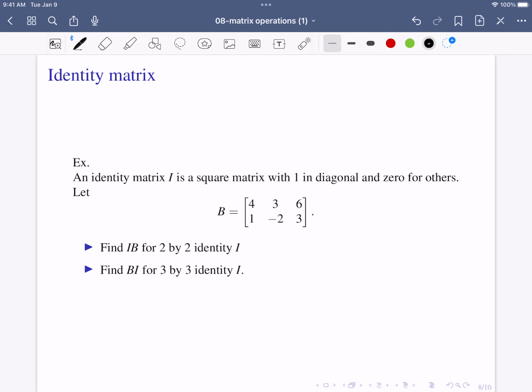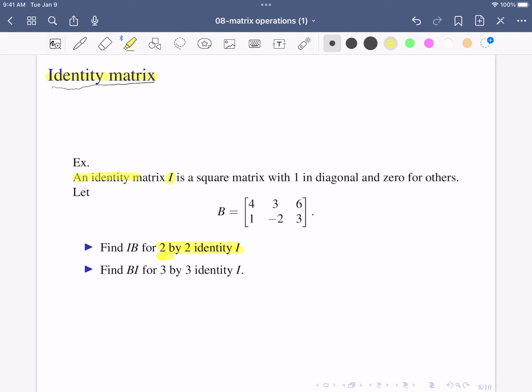All right, so let's look at this example. Through this example, we also want to define a very important matrix. It's called the identity matrix. An identity matrix I, this is the symbol, is a square matrix, first of all, with 1 in the diagonal and 0 for others. So for example, what is the 2 by 2 identity matrix?